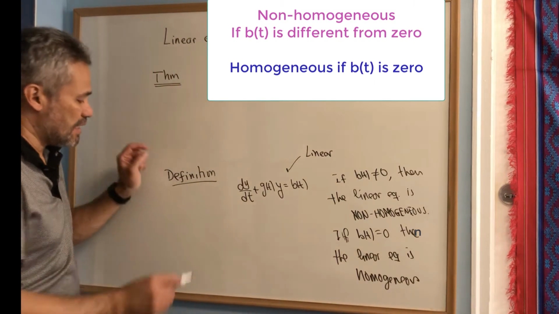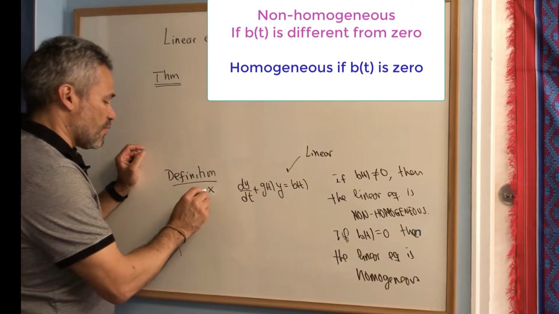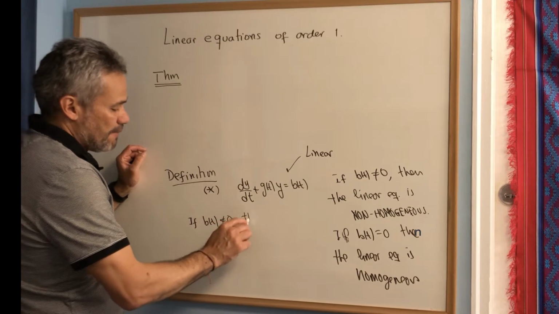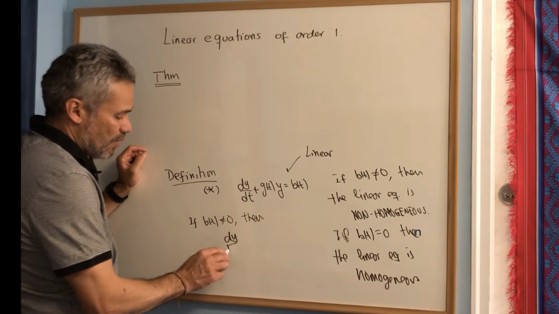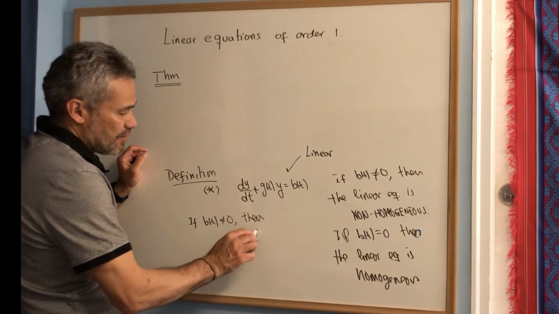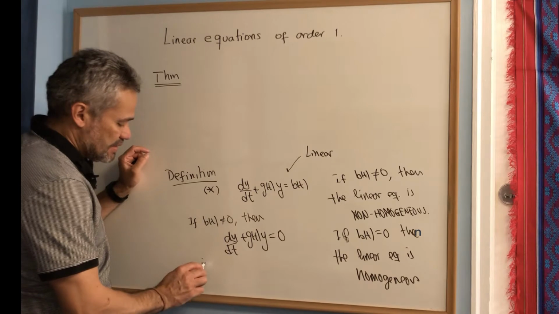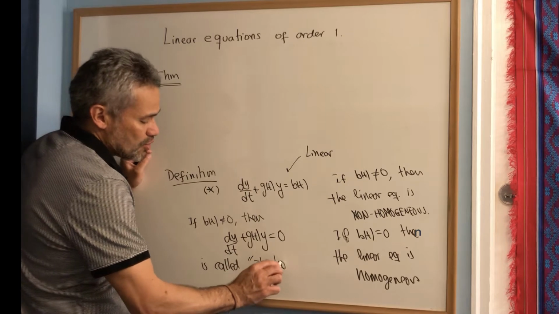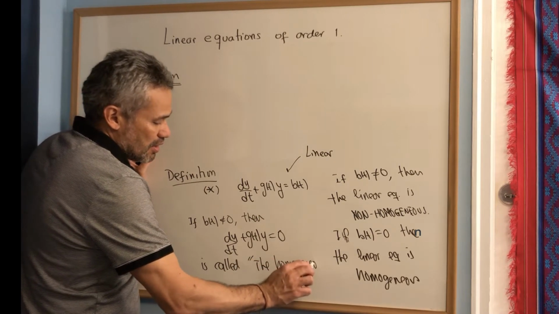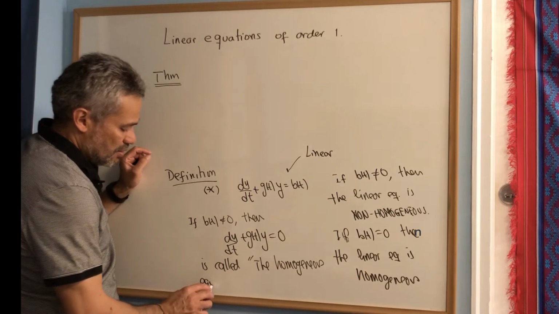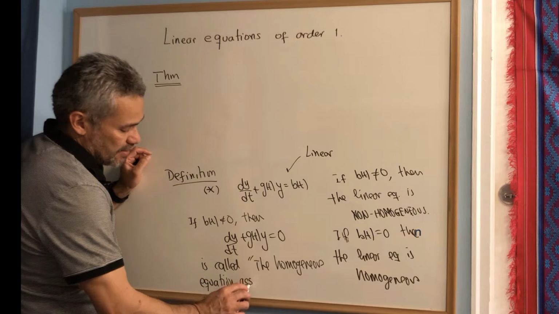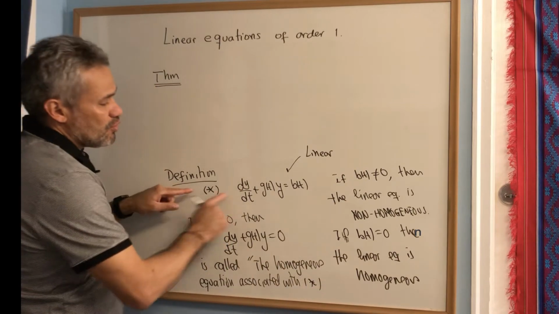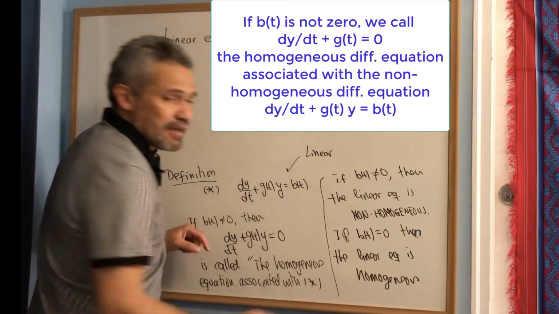And more important, let's say that this is the differential equation, and if b of t is different from 0, then this differential equation, dy/dt plus g of t times y equals 0, this is called, and this is going to be important, the homogeneous equation associated with this non-homogeneous equation. Then this is going to play an important part.